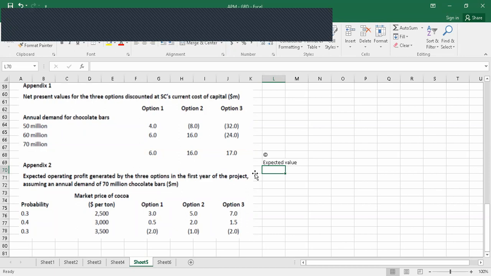So we have situations given. First let's write the probability. There are 3 different probabilities: 0.3, then 0.4, then 0.3.